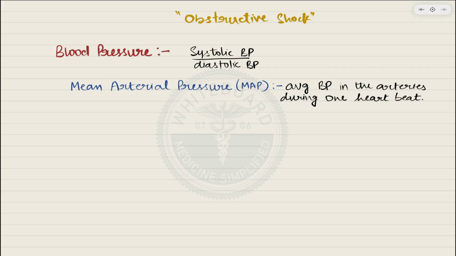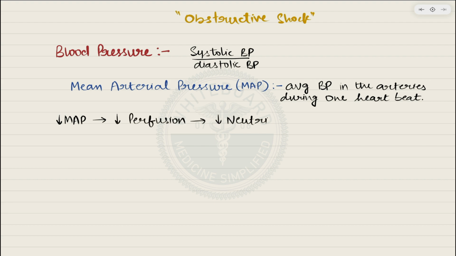In fact, it is this pressure that drives blood through the arterioles, capillaries, and veins before returning it back to the heart. Therefore, if the MAP falls too low, blood can no longer circulate efficiently through the tissues. As a result, tissue perfusion decreases.